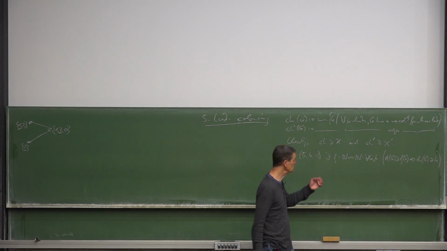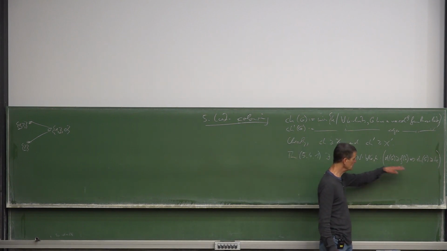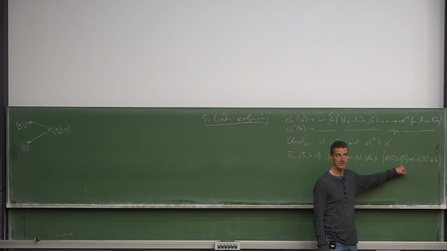You wish for a high choice number, and you can enforce that by choosing the average degree big enough, where big enough depends only on that K, not on the graph. Right?